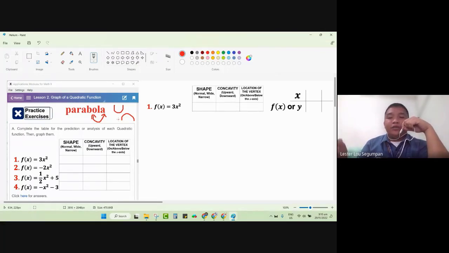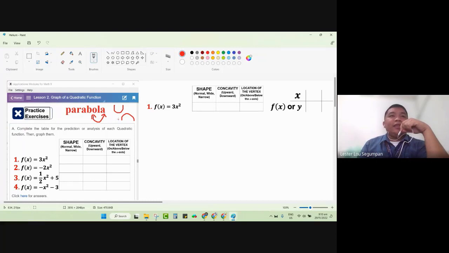If we use convenient values like 0, 1, 2, 3, and 4, we cannot see a picture of a parabola. Hence, we are told to closely select the correct coordinates that we could plot on our Cartesian plane for us to see the entire parabola.